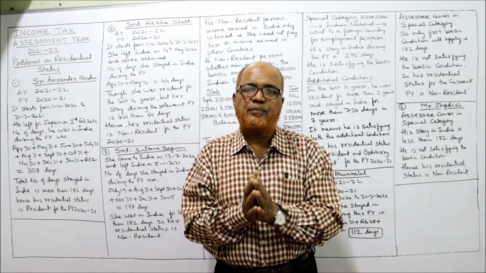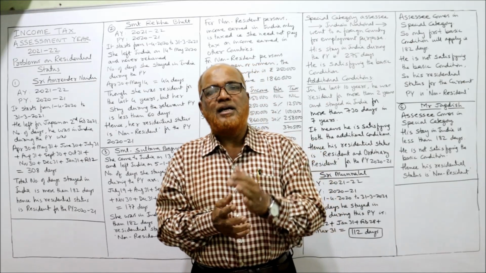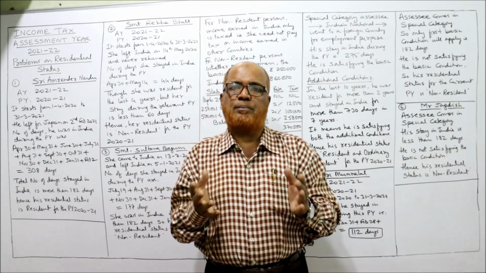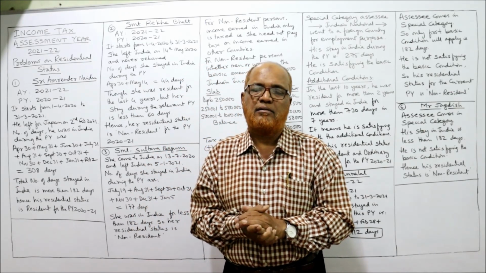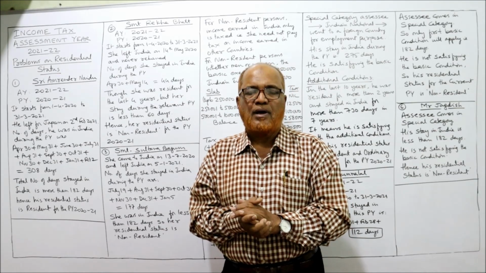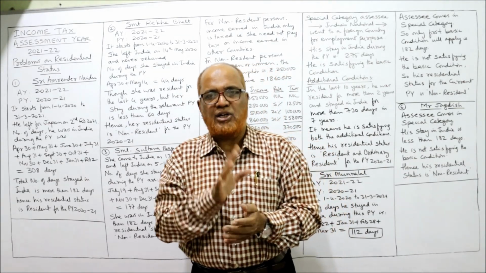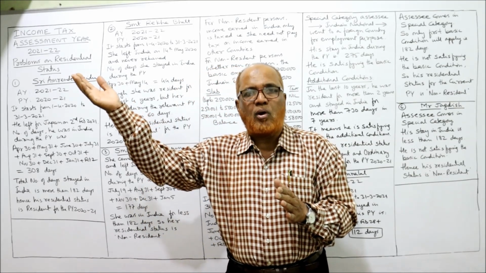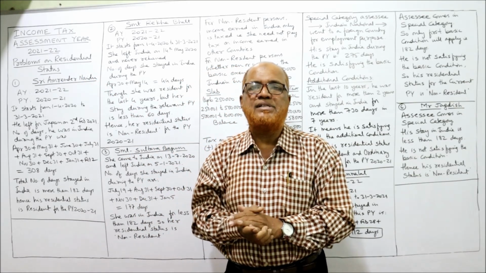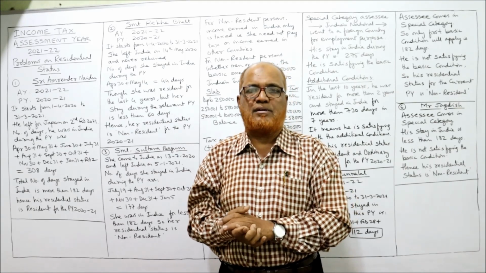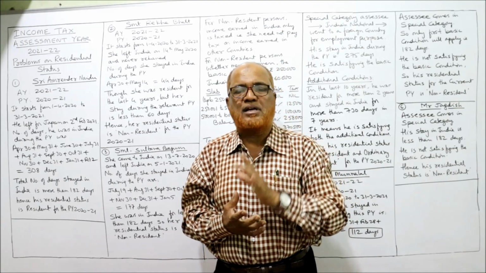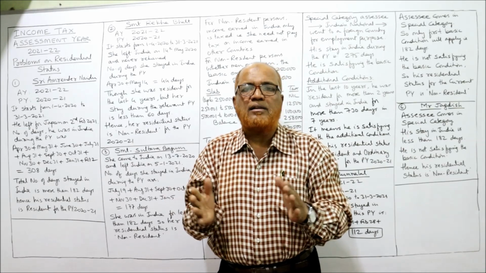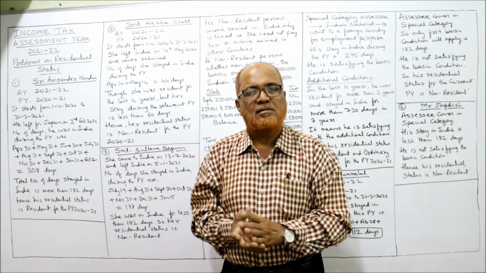Secondly, crew members of a ship or aeroplane. Third, an Indian citizen who is working abroad and comes to India on a visit during the current previous year. For all of them, only the first basic condition will apply. So these 3 are the special category of cases.